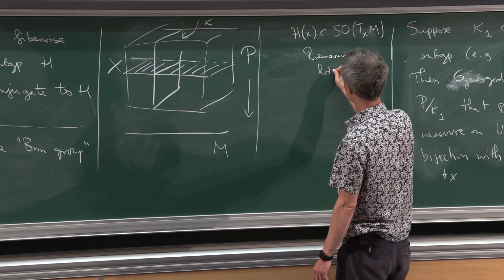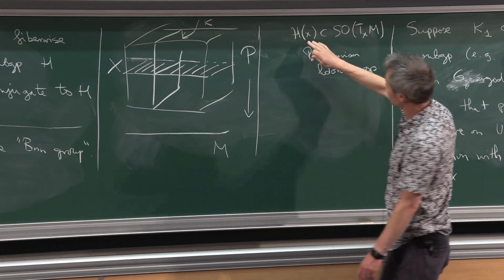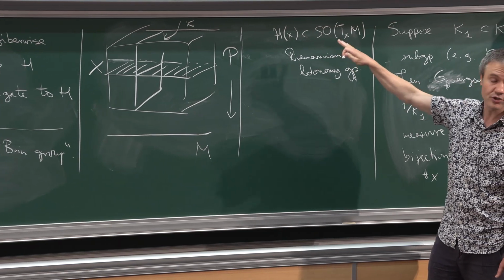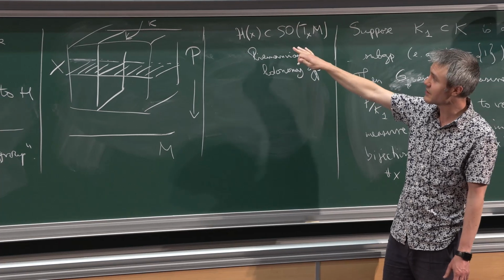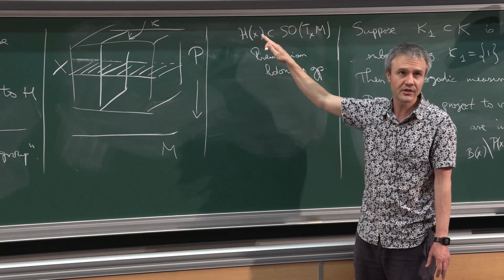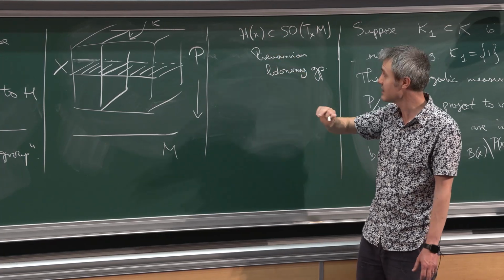And the possibilities for this group are known and very short. There's a classification of Berger of what these groups can be. Your manifold is either locally symmetric, or this group has to be one of 3 infinite families and 2 exceptional possibilities.